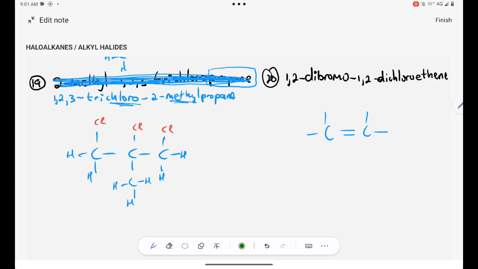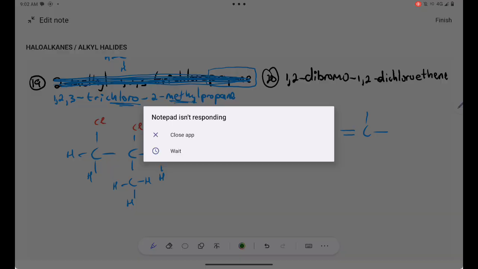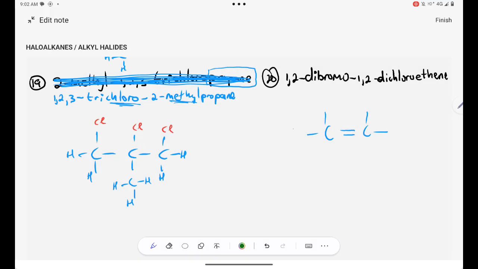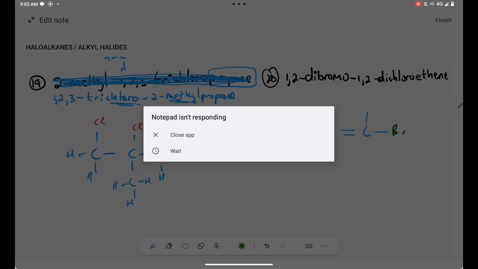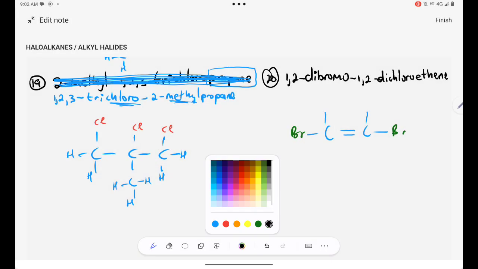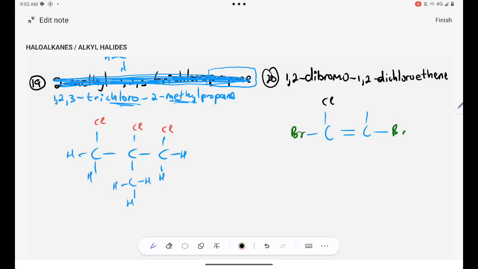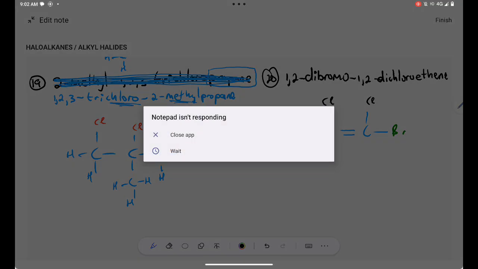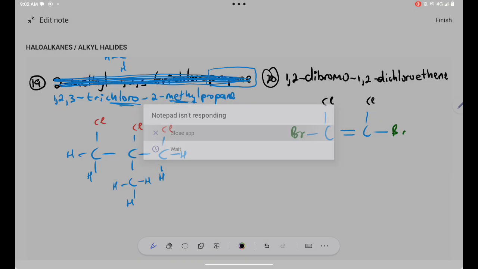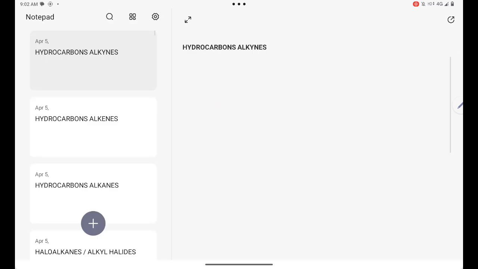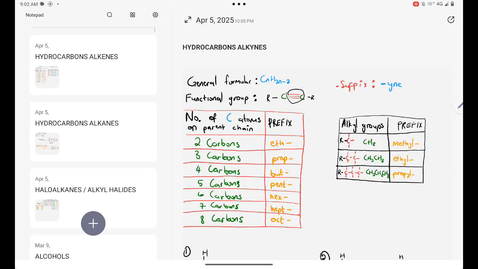So all I need to do now is to write, I'll simply have bromo over here and bromo over there, as well as chloro and chloro over there. That's how you're supposed to deal with halogens. Are we together?